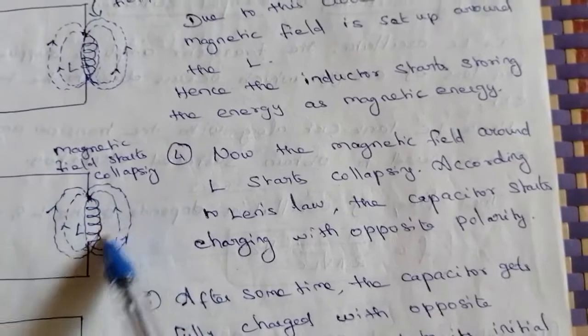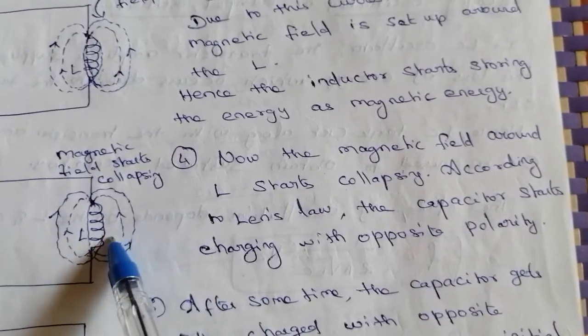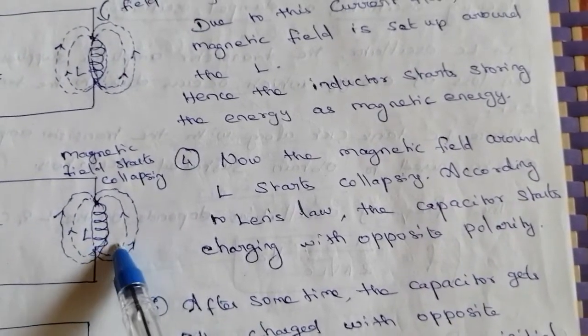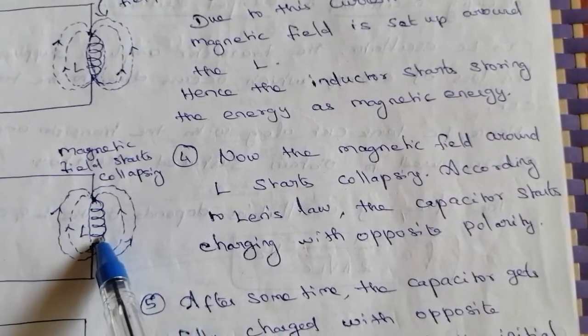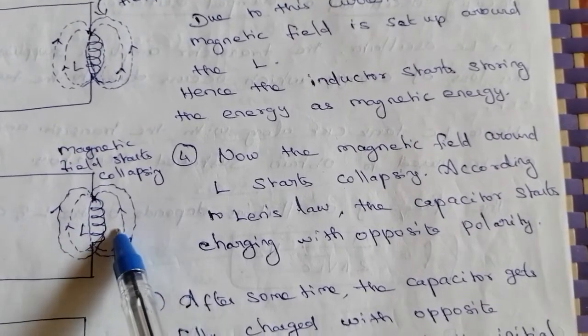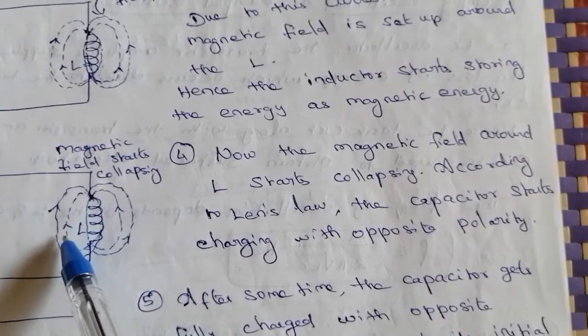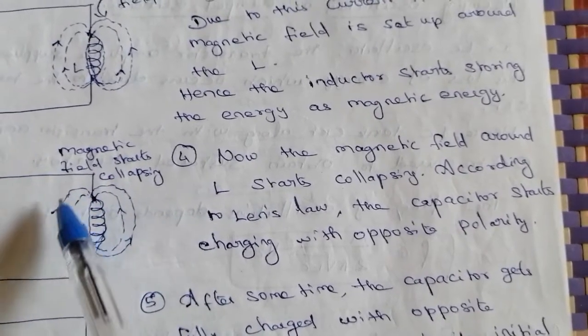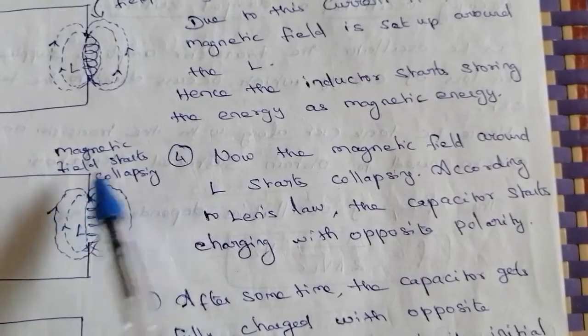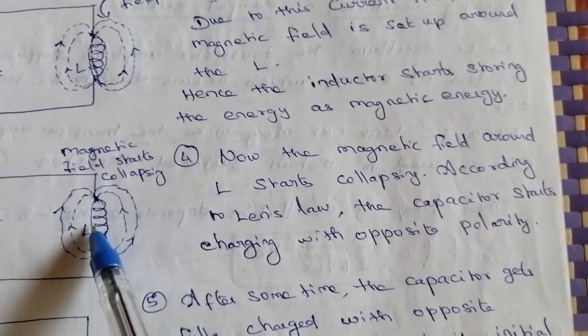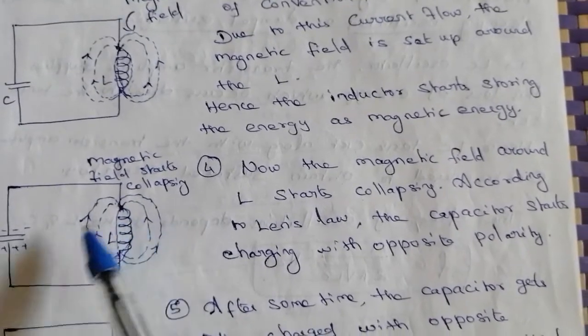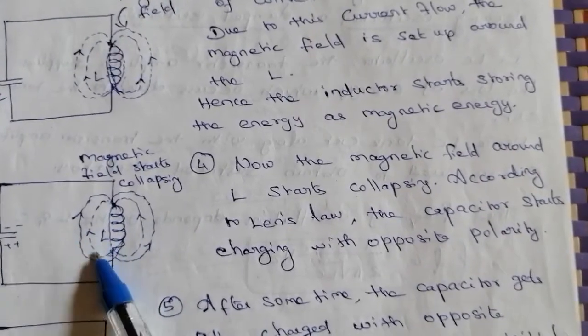Now the magnetic field around the inductor starts collapsing according to Lenz's law. Lenz's law is nothing but that it opposes the change in flux. The current induced in the inductor due to this magnetic energy opposes the change in flux, and that is called Lenz's law.